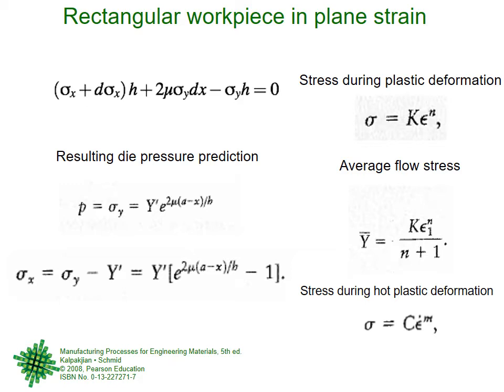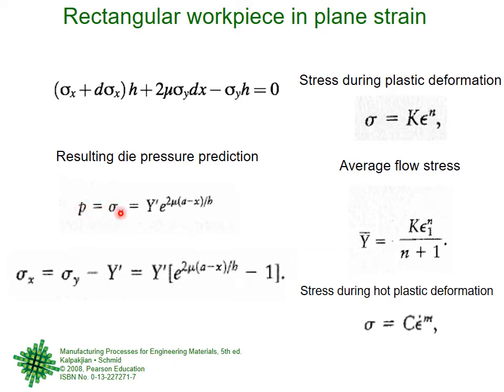Mathematically they are force per unit area, but pressure is the outside force divided by the area, that you are applying from outside, and stress is the internal reaction of the material divided by the area. So mathematically they are the same, but pressure is applied from outside, so the die is applying the pressure and the material, the billet of the material, is feeling the stress. So they are mathematically equal.